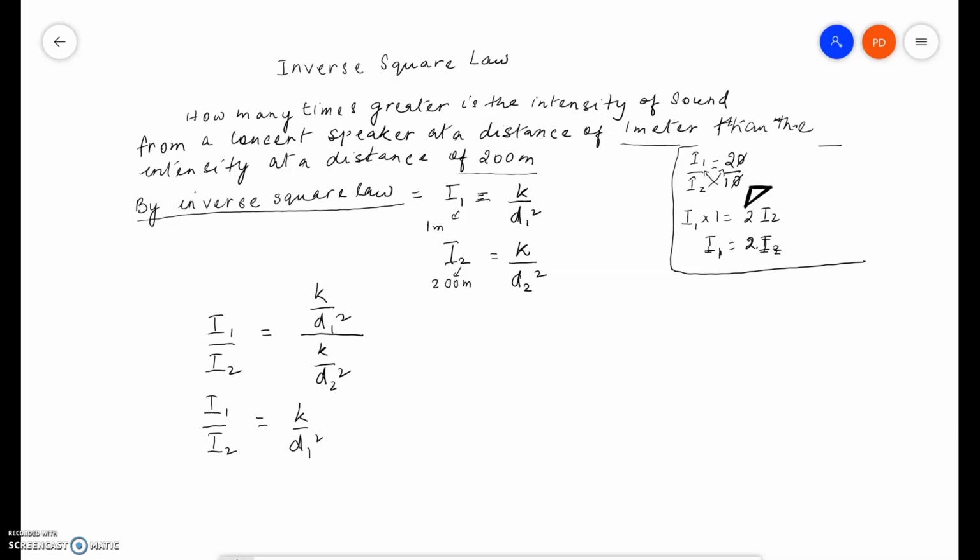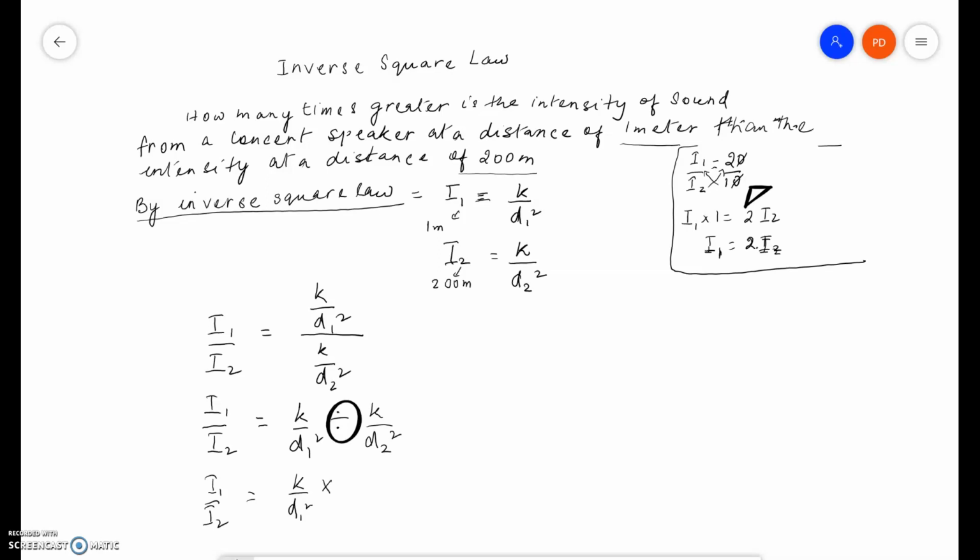So we are doing basically simple division of fractions. So we are dividing two fractions. K over D1 squared is divided by K over D2 squared. So when we do division of fractions, this is how it works. K over D1 squared.